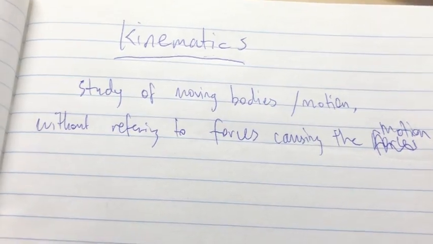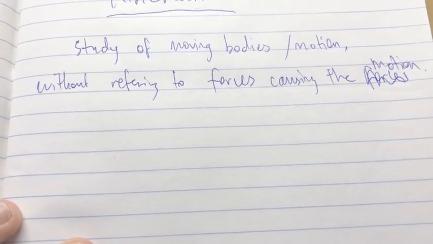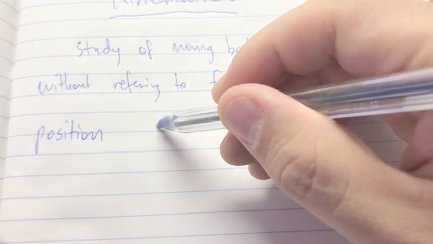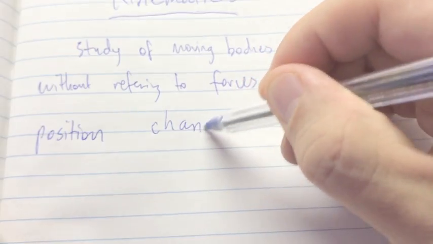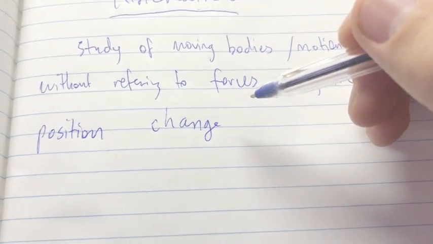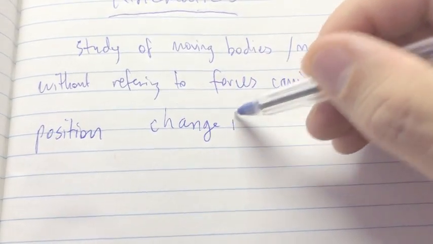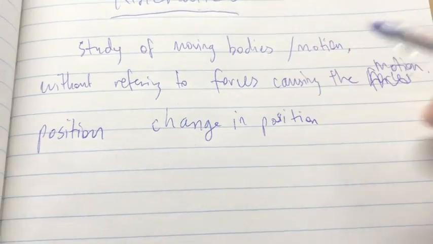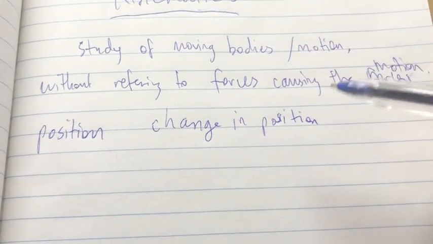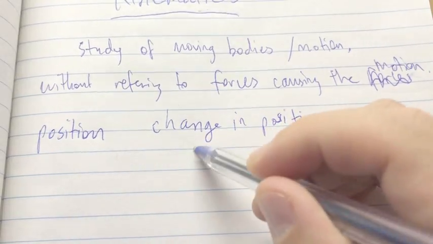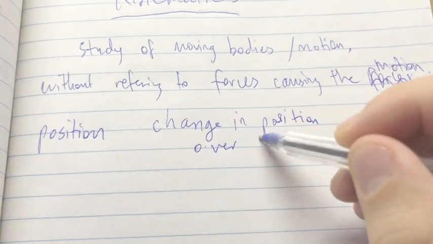And what really is fundamentally moving? Moving is related to an object's position. Okay? An object has position, and it has change, and its motion is how it changes position over time.